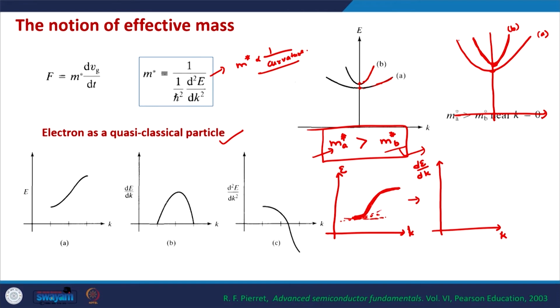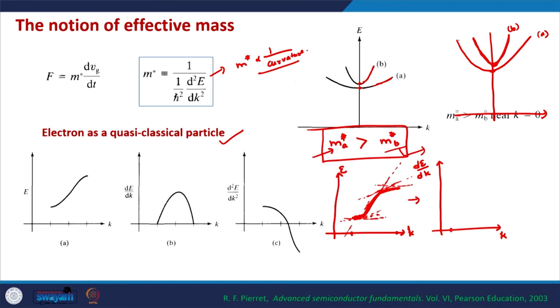The curvature takes its maximum value at this point where it is a positive value. Then the value of the tangent starts reducing, and finally at the top of the band we again have dE by dk to be 0.